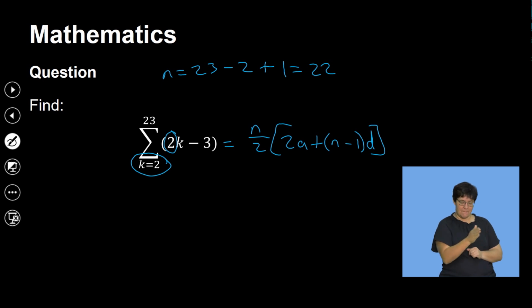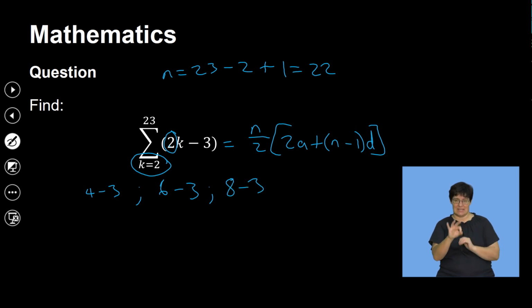So term number 1 will be 2 times 2 minus 3, which is 4 minus 3. That's term number 1, right? Because the first position is at number 2. And then it will be 2 times 3, which is 6 minus 3. And then it will be term number 3, which is 2 times 4, which is 8 minus 3. And then you can simplify it from there.